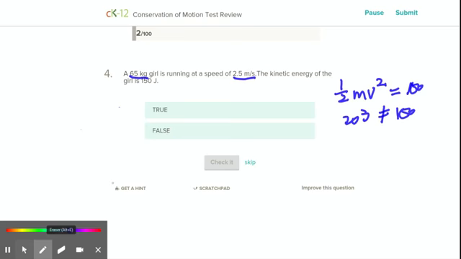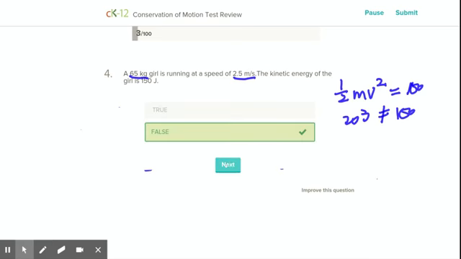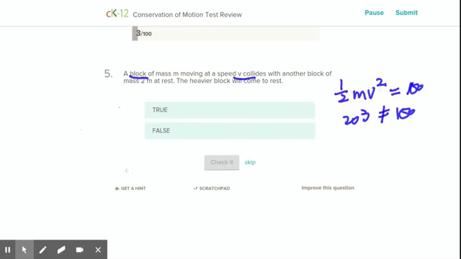False? Okay. All right. Next. So this is true or false?